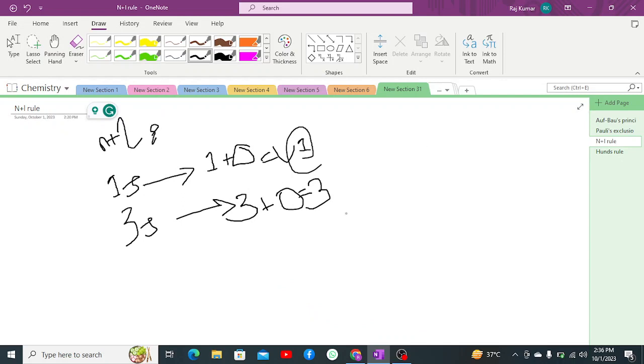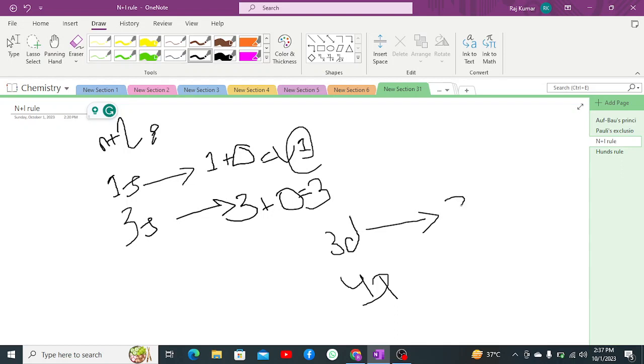Secondly, if we are having a sequence in such a manner that 3d and 4p are two orbitals which have the same n plus l value.